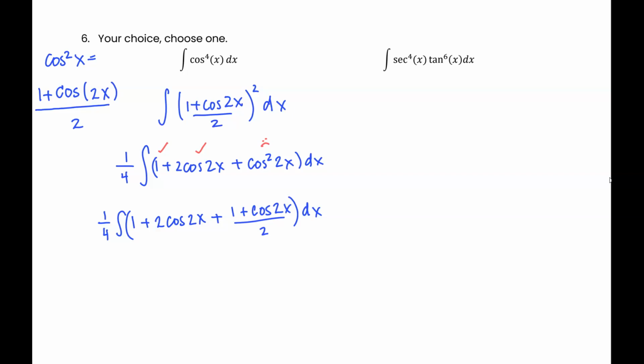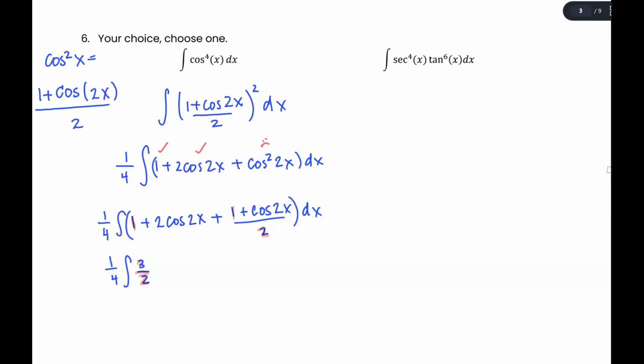All right. Can't really pull that 1/2 out in front. If I wanted to, though, I could at least combine some like terms, make my work a little bit less hellish here. Let's see. I'm going to have a 1 plus a 1/2, so we'll have a 3/2 for our constant up in here. I'll highlight those so that's more obvious. The 1 and the 1/2 add together to give me 3/2.